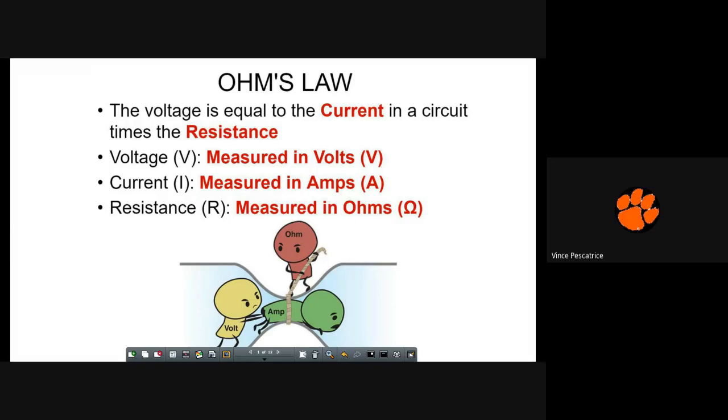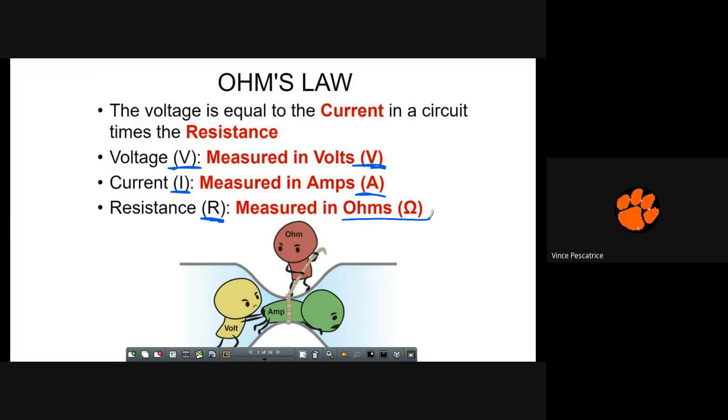When we set up these problems, they're going to be set up in a way that shows the voltage as a V, and it's going to be measured in volts when we have it as an answer. Current is weird, it's an I, and it's measured in amps, and resistance is R, and it's measured in something called ohms.